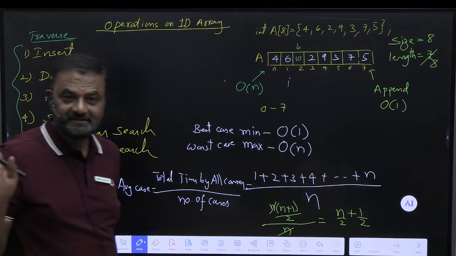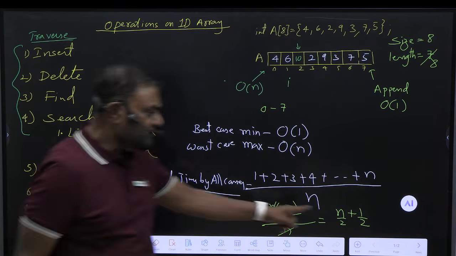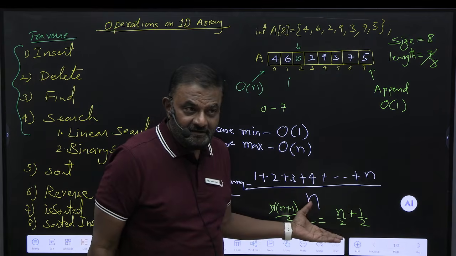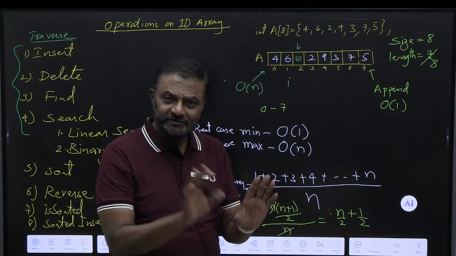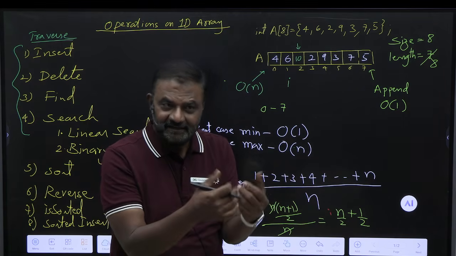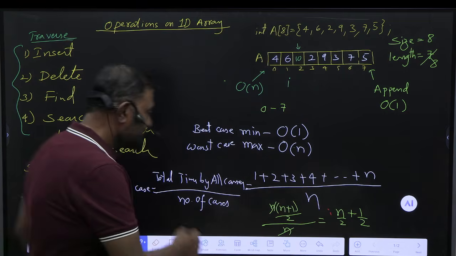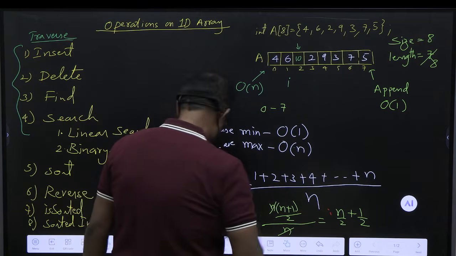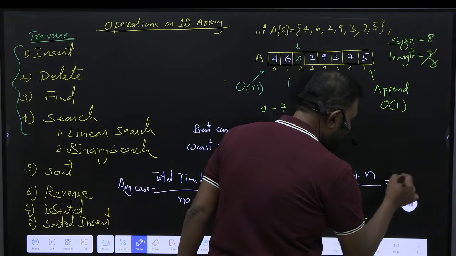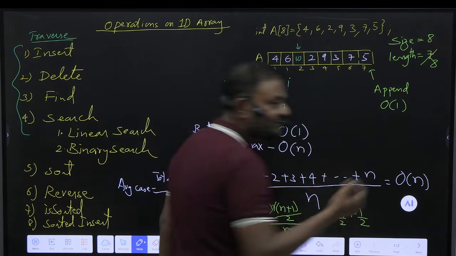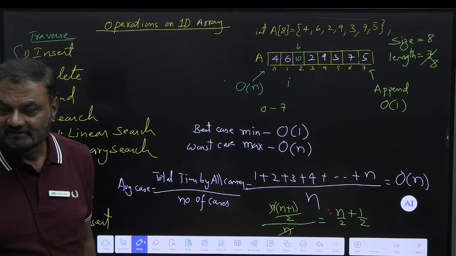Is it a polynomial? What is the degree of the polynomial? 1. So order of n. This is also order of n.